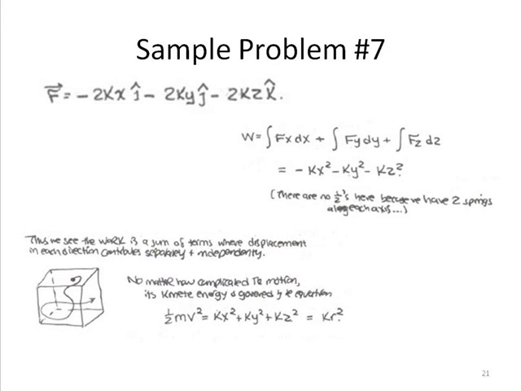But no matter where we are, we can instantly tell you what the speed is simply from this equation, 1/2 mv squared equals kr squared. No matter what complicated path it follows, it's very easy to predict what its speed is at any point in time. Of course, if we know the speed, we also know the velocity, because we can define the tangent vector to the direction of motion.